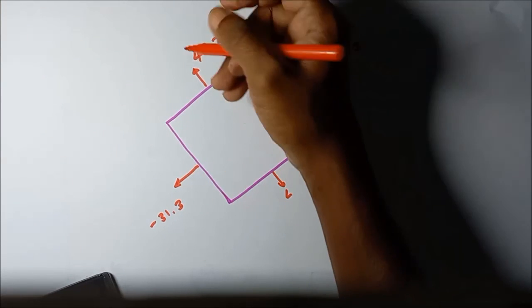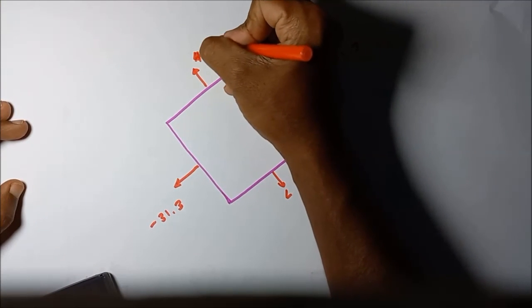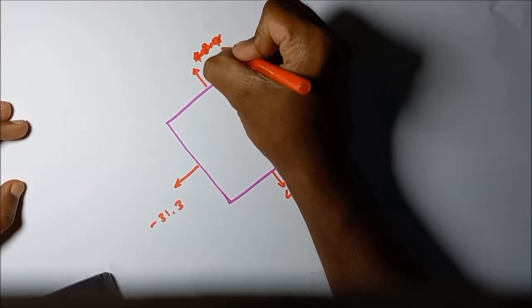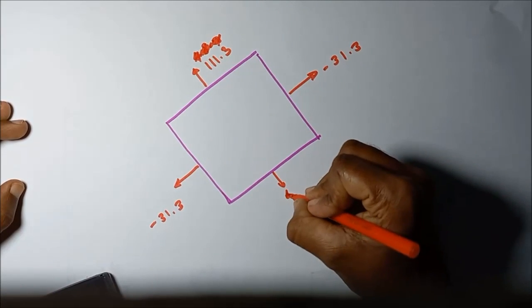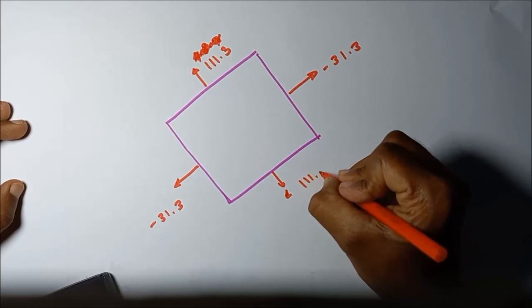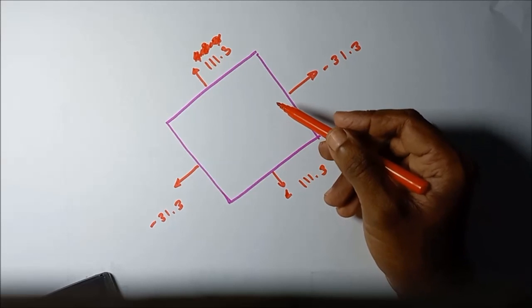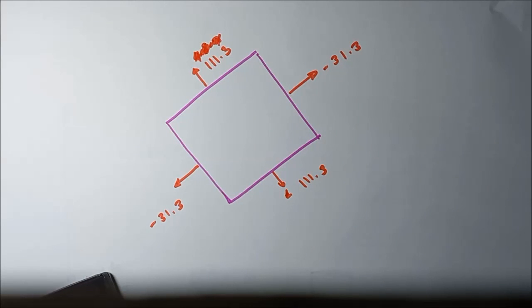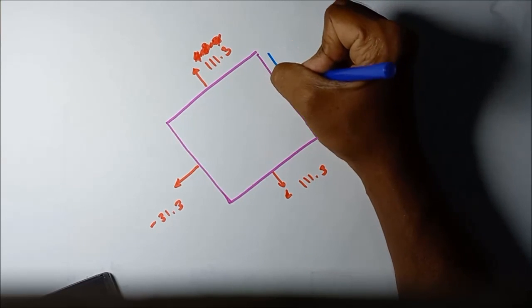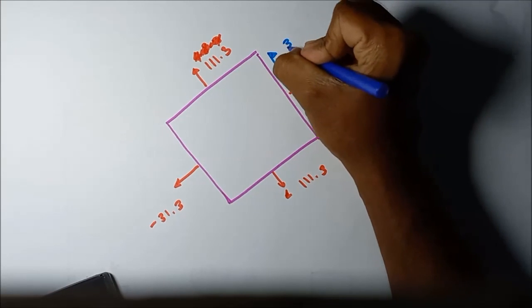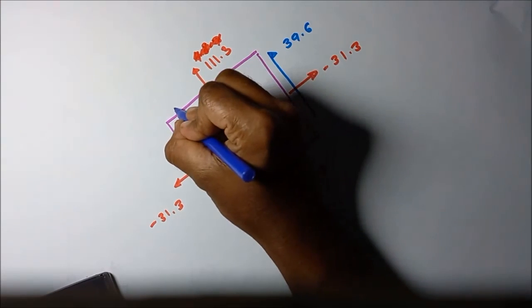Sorry, this one should be 111.3 megapascal. So this one should be corrected as 111.3. Keep that in mind. Then what are the shearing stresses? The shearing stress is equal to 39.6.